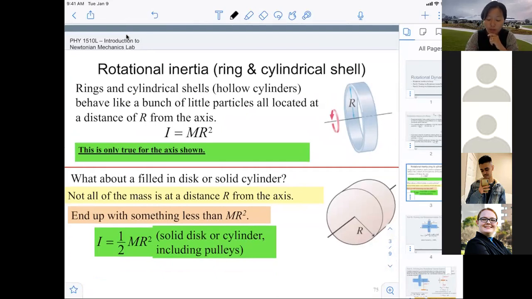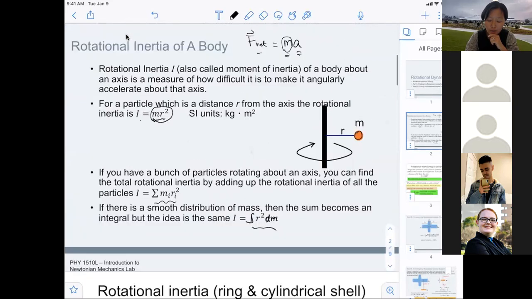For a ring, right now I showed you a little point particle. But imagine if I have, around this ring, I add another m and another r. So it's mr squared plus mr squared, 2mr squared. If I add a third m, I will have a third mr squared. If I have a fourth m, I have a fourth mr squared.